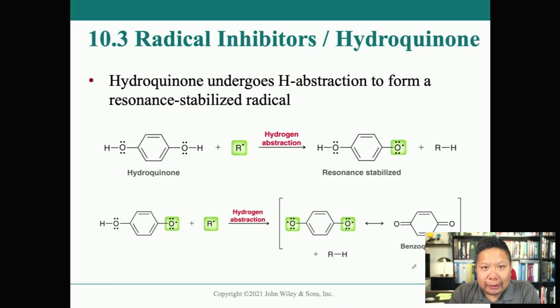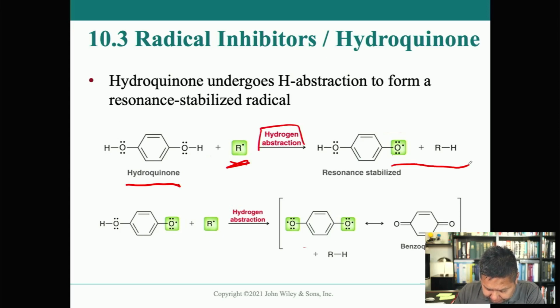So hydroquinone undergoes hydrogen abstraction to form the resonance stabilized radical. So here we go. We have hydroquinone here, and we have an alkyl radical, okay? And it can literally undergo hydrogen abstraction, as you see here. Hydrogen abstraction. Look at this.